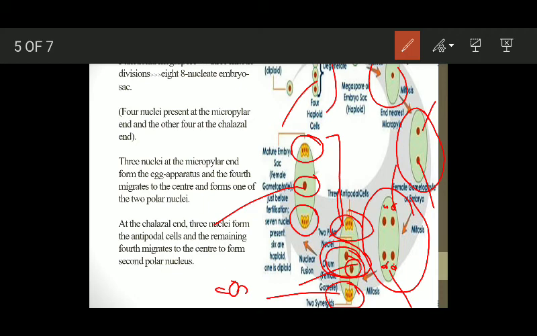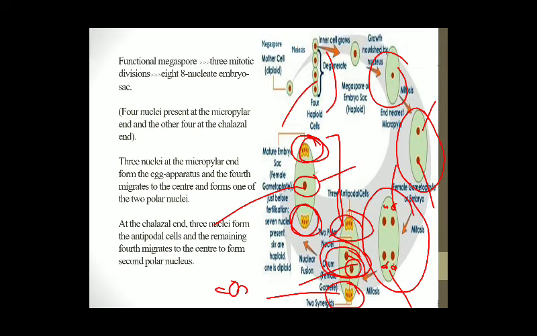So before fertilization, we have 7 cells. Out of these 7 cells, the one in the middle contains 2 nuclei.